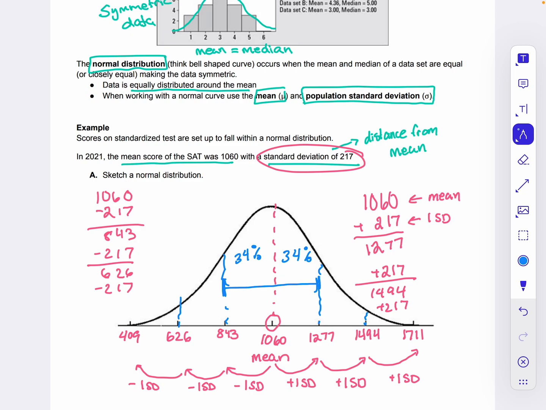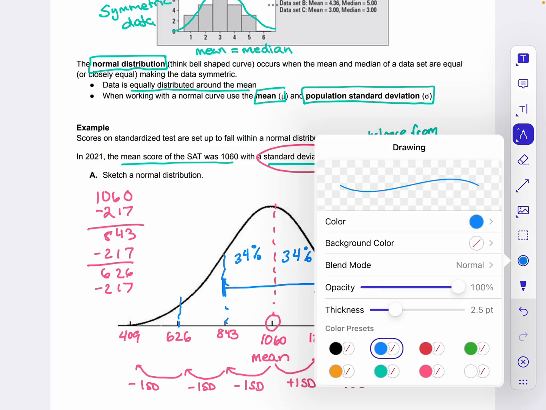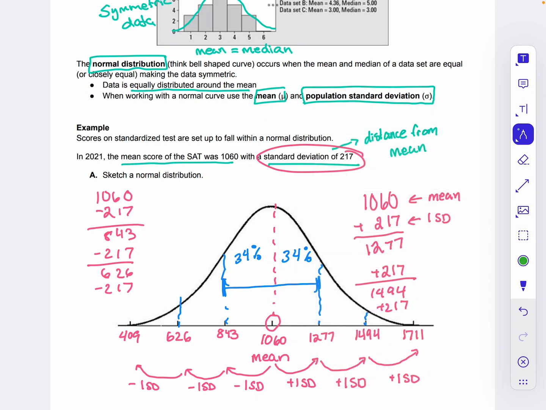And so we can keep doing this and filling in pieces. So we know that 95% of the data needs to fall in that next level between the 2nd and 3rd standard deviation. And we've already used 68%, which leaves 27% for these 2 little spaces. Divided in half would be 13.5%. And so notice I'm just filling in little pieces.